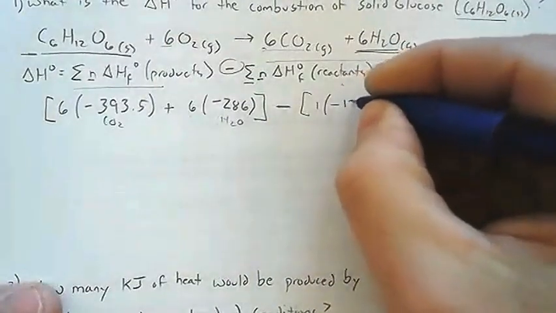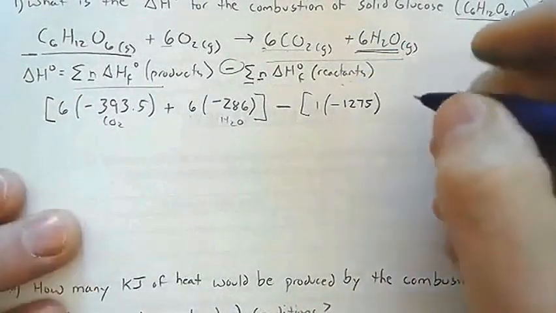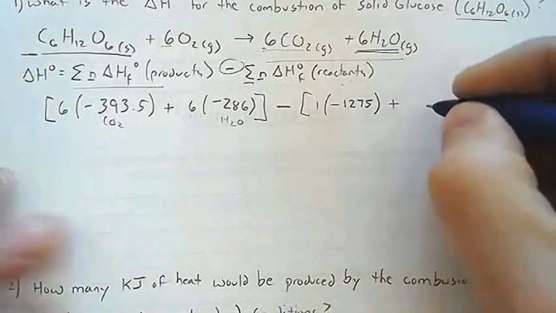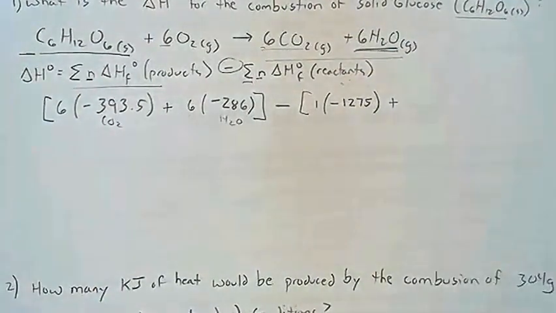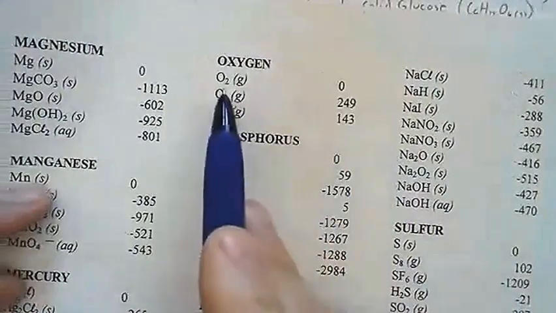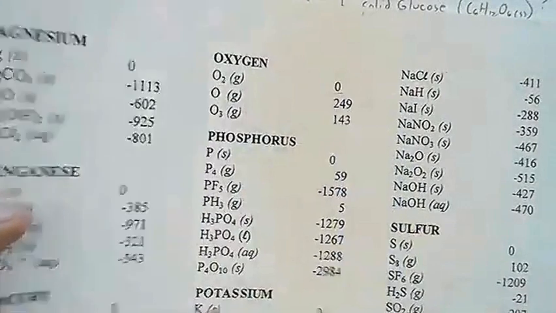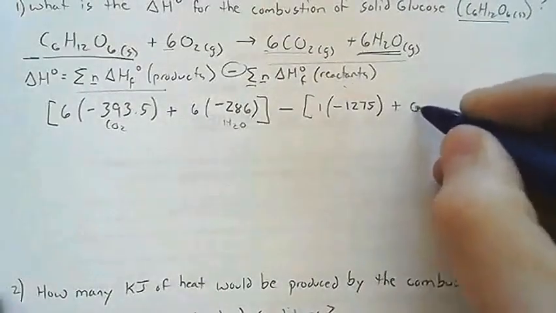So negative 1,275. And we're going to add that to oxygen. But oxygen is a pure element, and when we look up oxygen as a gas, we see it has 0 heat of formation. So that's going to be plus 0.